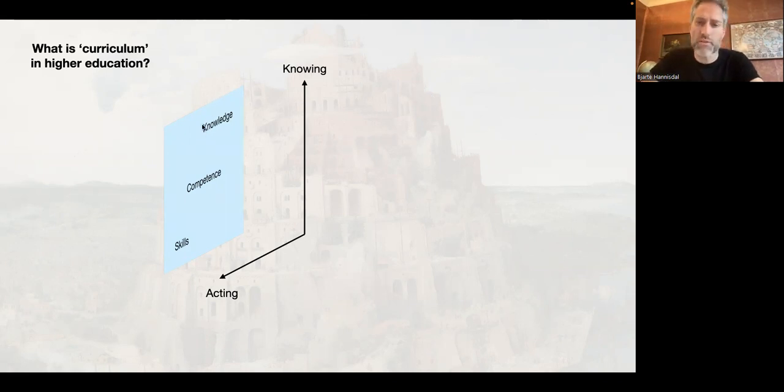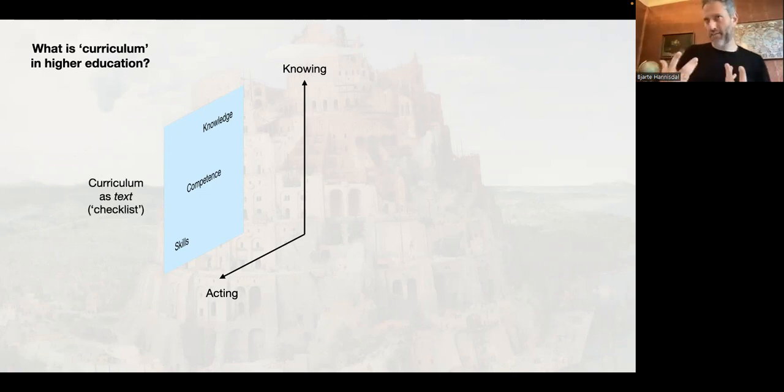So on this projection, we can have knowledge, competence, and skills written down somehow. And this would be the curriculum as text, or the curriculum as planned, or the curriculum as designed. Or you could call it the checklist approach to curriculum.